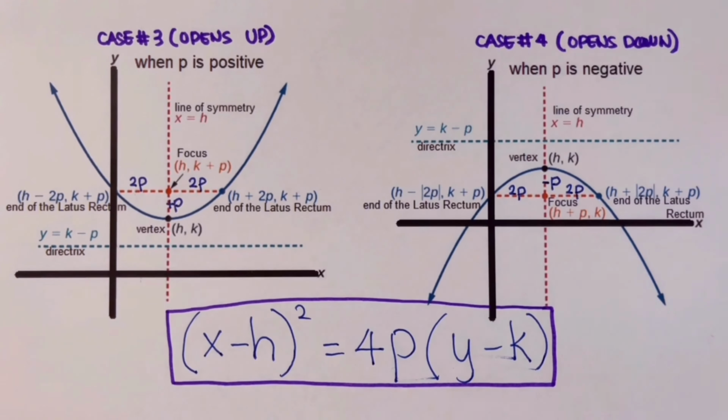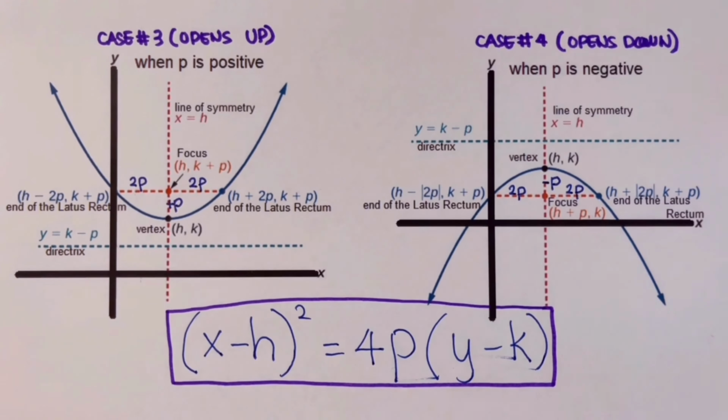Since our p is 2, I'm going to count 2 spaces to the right of the vertex, and that is where the directrix is located. So that would be 1, 2. So this is where the directrix is located. So this is the graph of this equation that we have up there. Now let's move on to the next example.